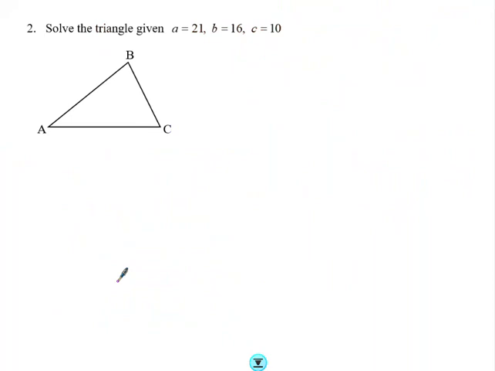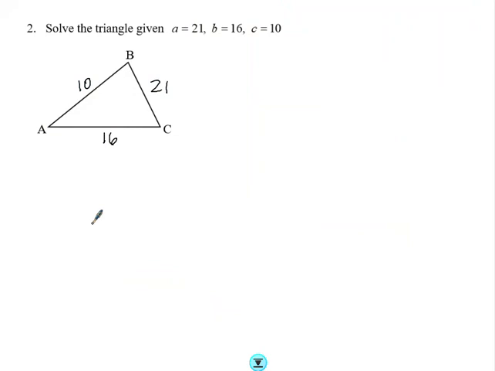In example 2, we are told that side A is 21, side B is 16, and side C is 10. So let's label what we know. Since we are given 3 sides and we want to find the 3 angles, we're going to start by using law of cosines.